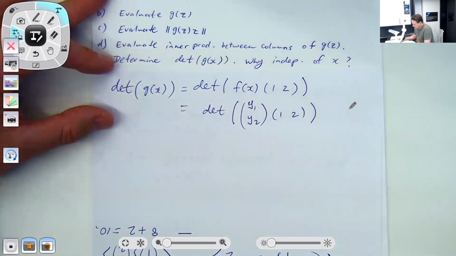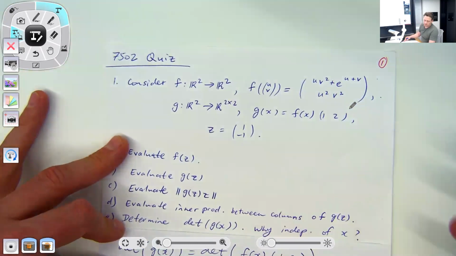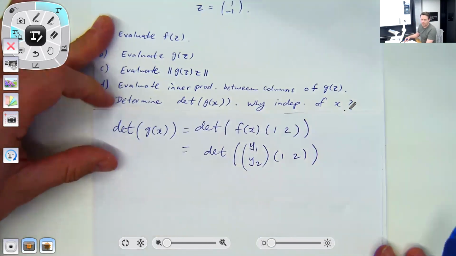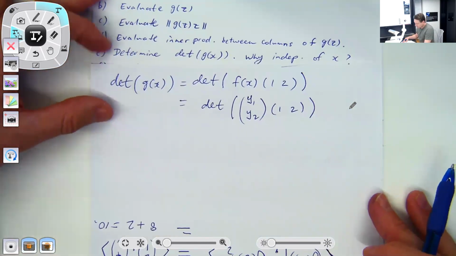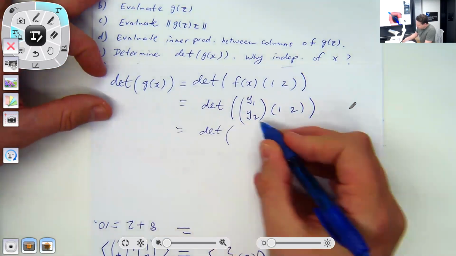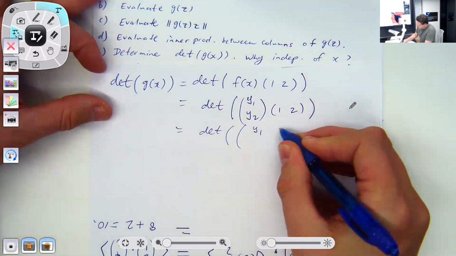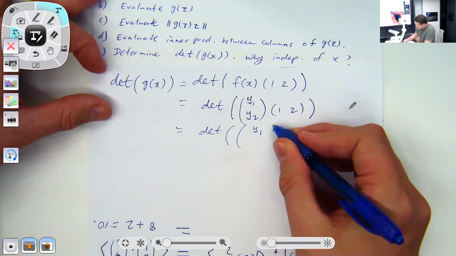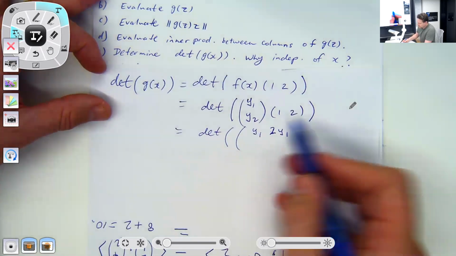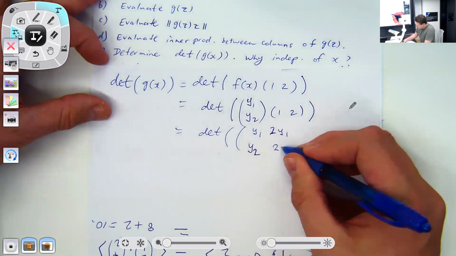Okay, so you'll notice that I didn't use the formula that's up here, because this will help in saying why it's independent of x. All right, so we'll simplify this determinant. So we have y1 times 1, so that's y1, and then the next entry is twice y1. Now in the second row, we have y2, and then 2y2.